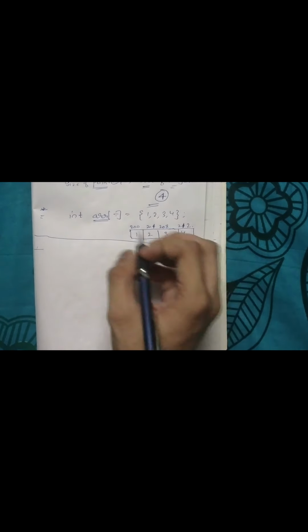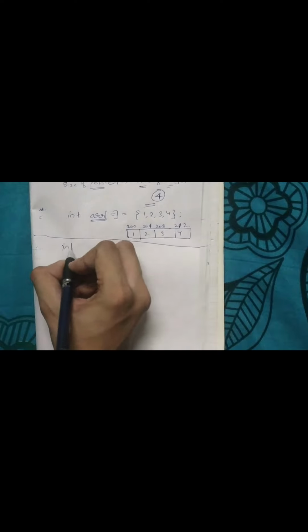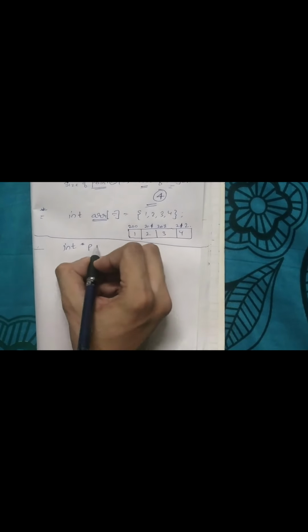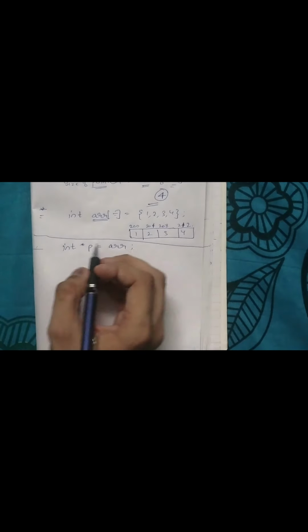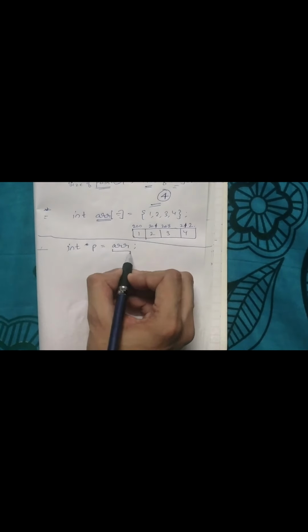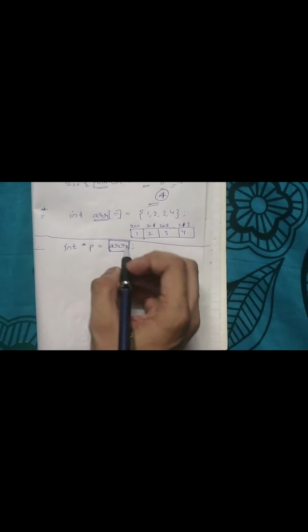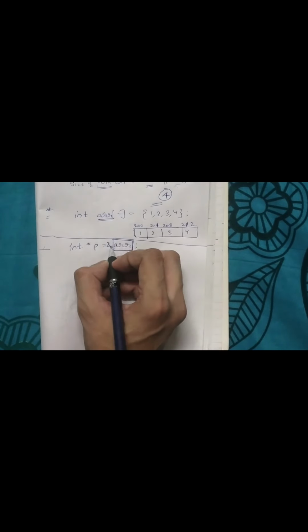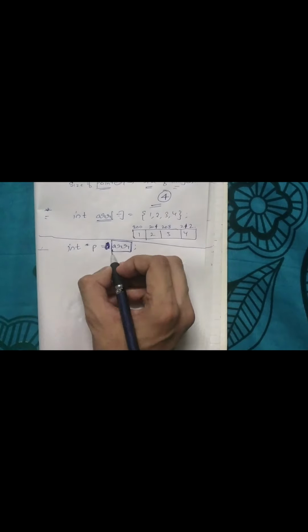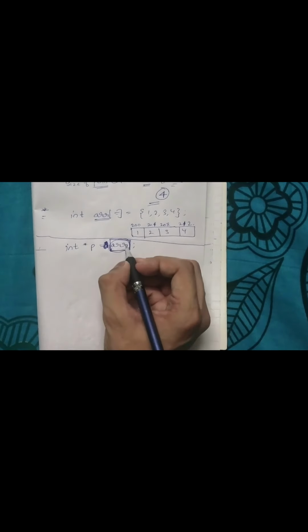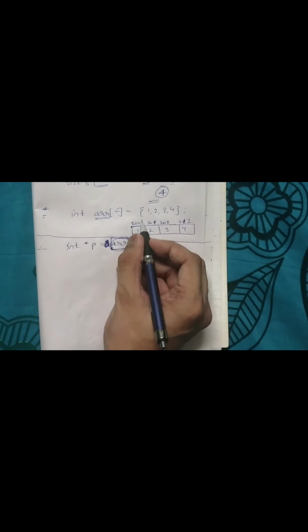If I write int star p is equal to a, this is perfectly correct. In the case of an array, the array name represents the base address of the array. So I don't need to explicitly use ampersand because it automatically represents my base address, which is 200.